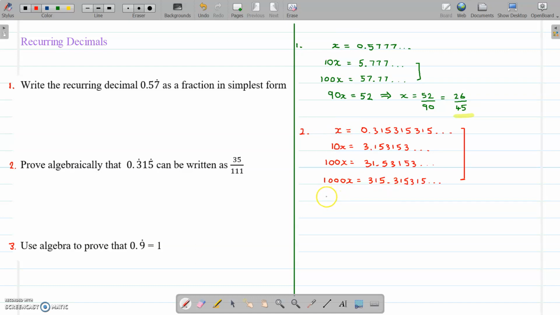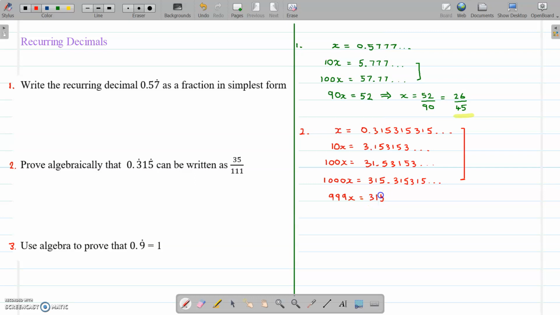Well, 1000 take away 1 is 999x, which is equal to 315.315 minus 0.315, which is exactly 315.